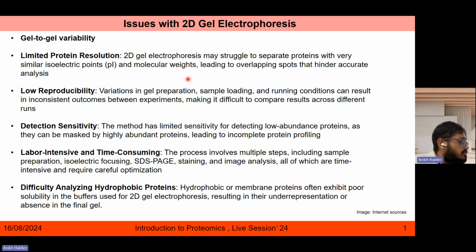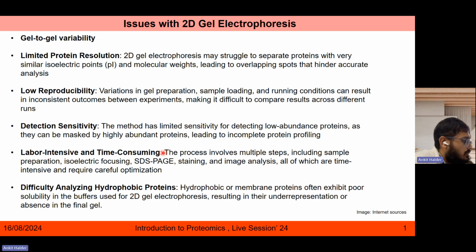That can hinder your accurate analysis. Then there is low reproducibility: gel preparation, sample loading, and running conditions all give inconsistent outcomes between experiments, making it difficult to compare results across different runs. Then there is sensitivity.